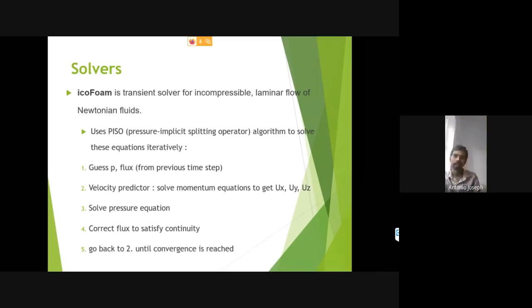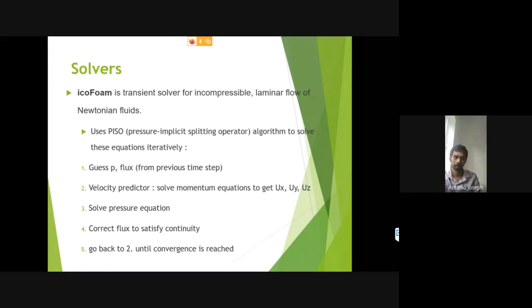The basic governing equations are the continuity equation and the momentum equation. The PISO algorithm is used for solving the momentum and continuity equations. So what are the procedures it adopts? Let's see. Initially, it guesses some value for pressure. Then the flux value, that is the velocity value, is taken from the previous value; at the initial condition, it is taken from the specified initial value.